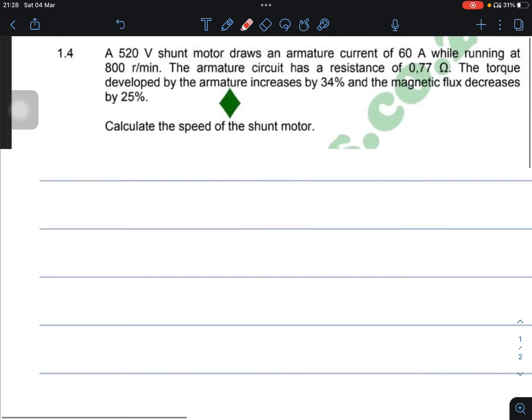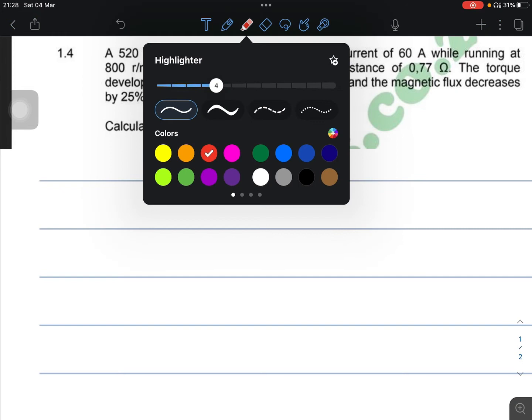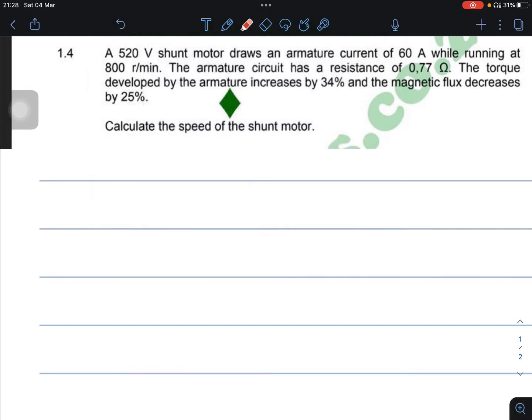This question says a 220 volts shunt motor. We know that we have to know what type of machine it is. It is a shunt motor, which draws an armature current.